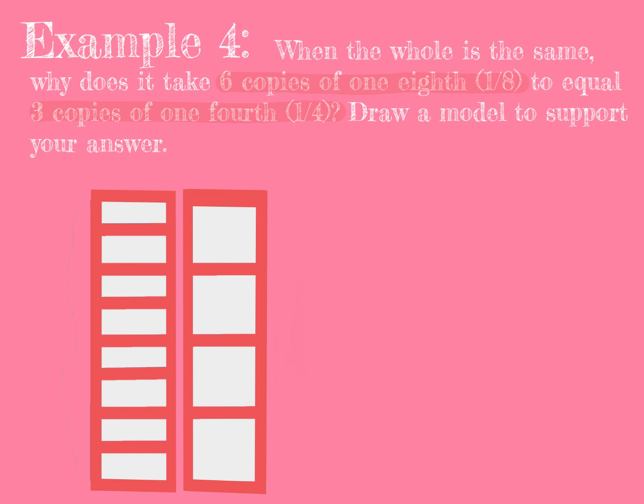First, we're going to look at the whole that's split into 8 equal parts, and we're going to shade in 6 equal parts. 1, 2, 3, 4, 5, 6. Now, we're going to shade in 3 copies of 1/4. So 1, 2, 3.